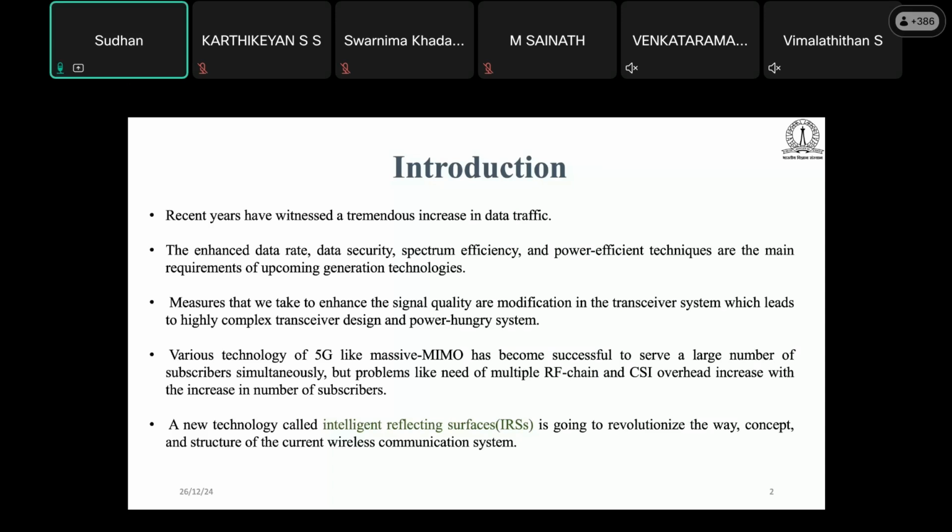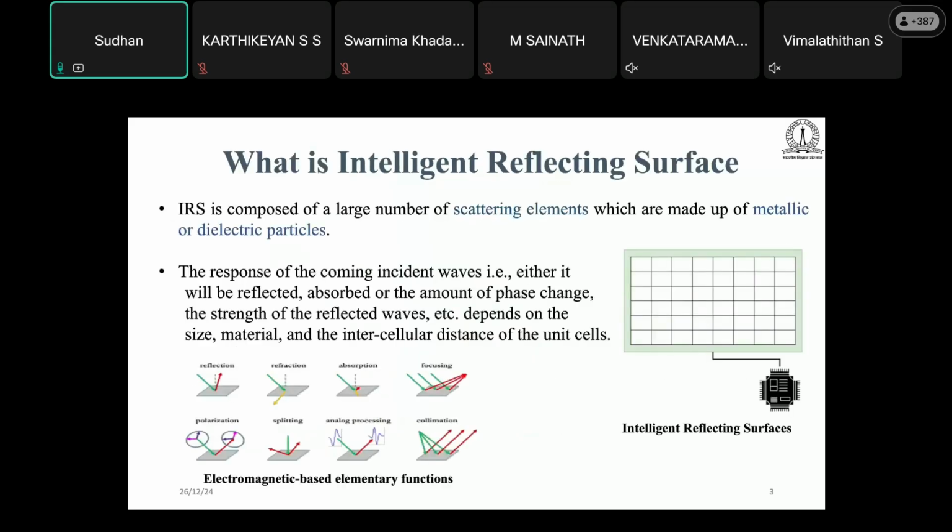So if you see the intelligent reflecting surface, there are two objectives at this moment. Later we will explore a little bit further. One is data rate, one is power efficiency. Is it clear? If so, now this is an intelligent reflecting surface.